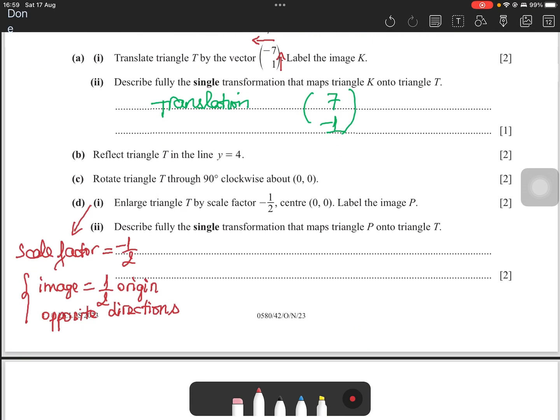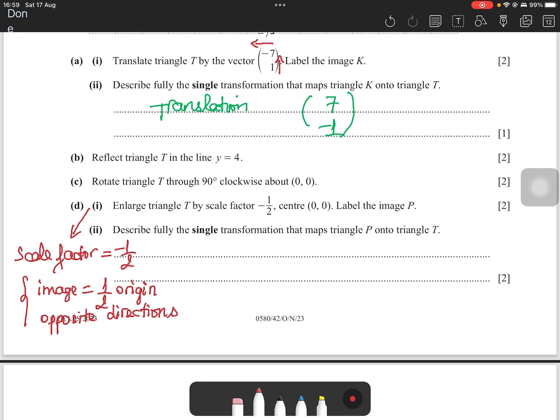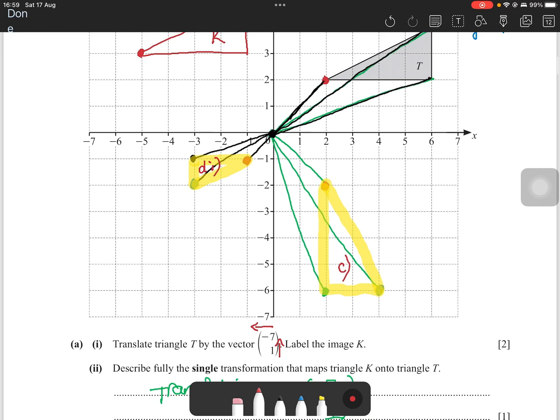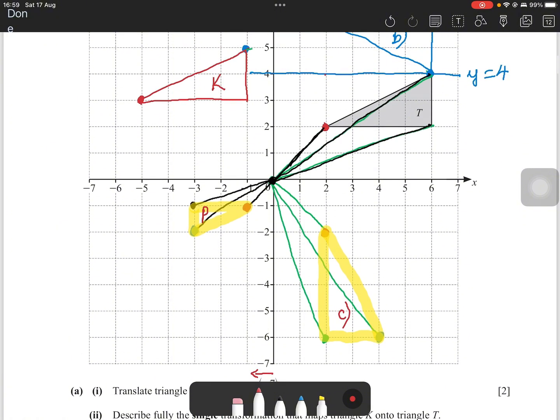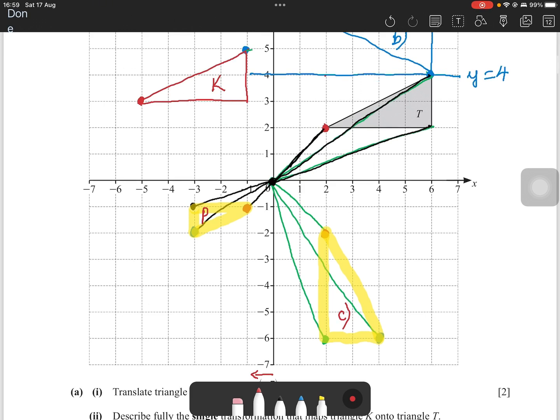And then second question, describe only the single transformation that maps triangle P onto triangle T. So we need to name this triangle P. And now we find the transformation that maps triangle P onto triangle T. Obviously, it is also an enlargement. First, it is enlargement.